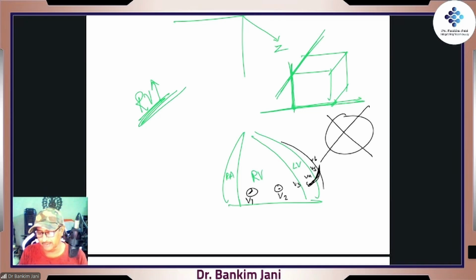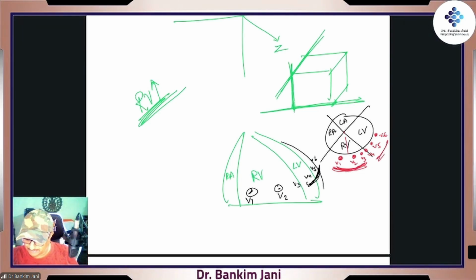In the standard figure, this is the right atrium, this is the right ventricle, this is the left ventricle, and this is the left atrium. All these leads are arranged like this. This is V1, V2, V3, V4, V5, V6, as if we are watching from the top. So V1, V2, V3 will be able to see the right ventricle.